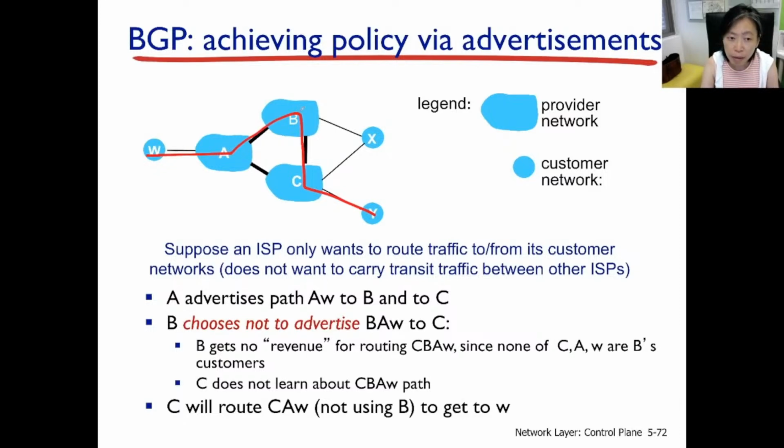And you know what? B does have a customer X. X is paying B. But is W paying B? Is A paying B? Is C paying B?